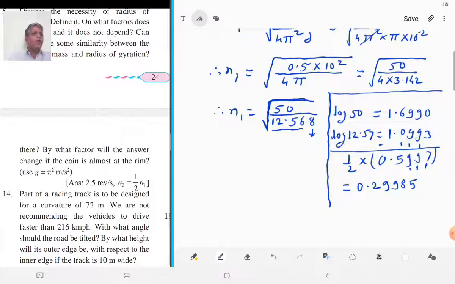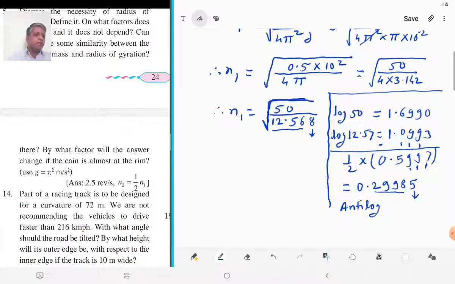Now see the antilog of this number. To see the antilog, we use only the first 4 digits after the decimal point. Here the fifth digit is equal to 5. In that case, see the previous digit.